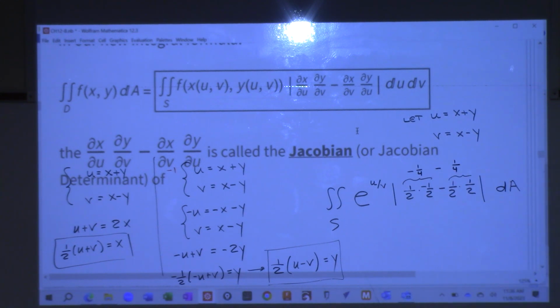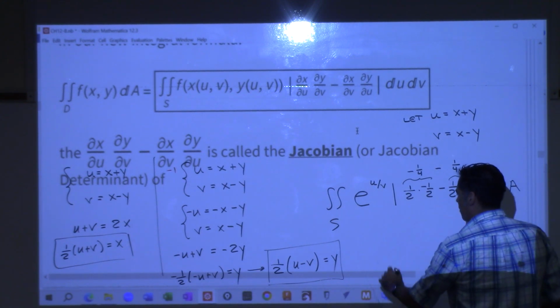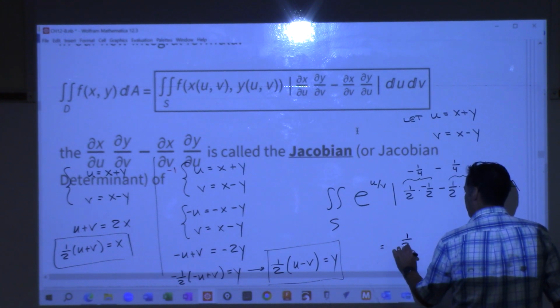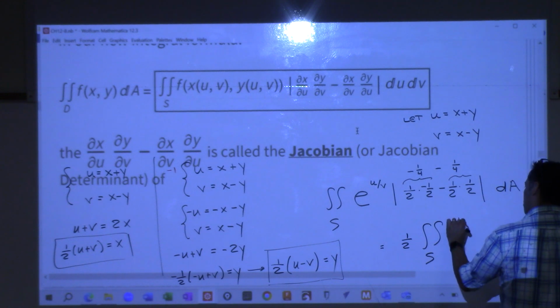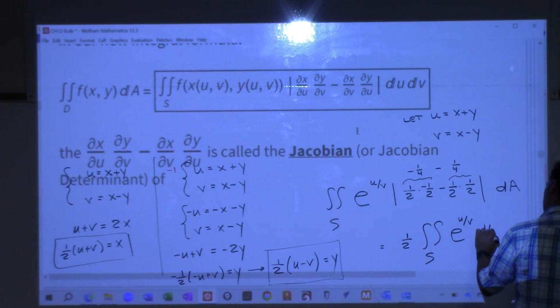So minus 2/4, so minus 1/2, but then absolute value. So it's 1/2. So this becomes 1/2 the double integral over S of e to the u over v dA.